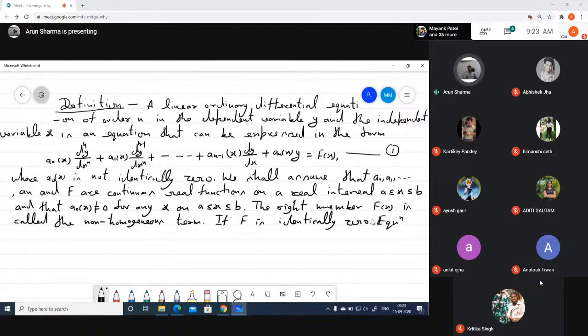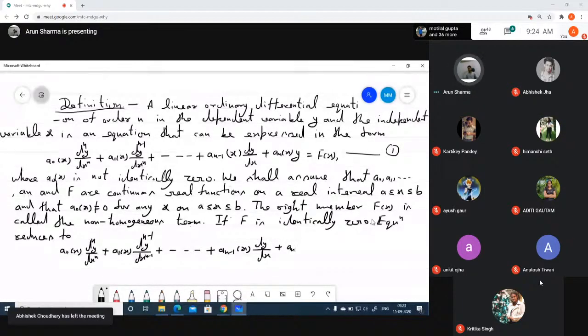reduces to a0(x) dny/dxn plus a1(x) dn-1y/dxn-1 plus an-1(x) dy/dx plus an(x) y equals 0.